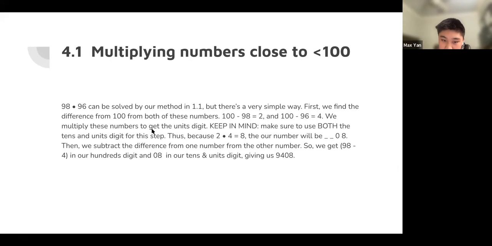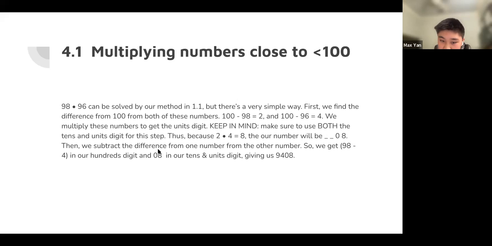We multiply these numbers to get the units digit. Whatever the product of the differences from 100 is, we put it in 2 places, the tens and the units. Because 2 times 4 equals 8, our number will be something, something, 08.